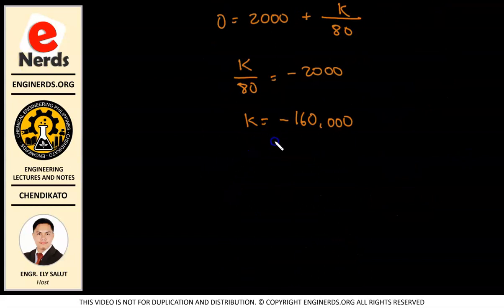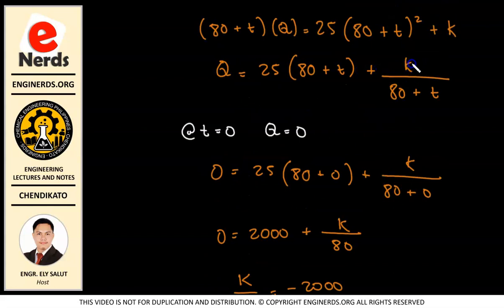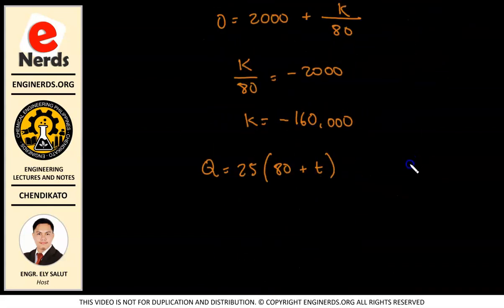We have Q is equal to 25 times 80 plus t, then our K is negative 160,000, so we will have minus 160,000 over 80 plus t.